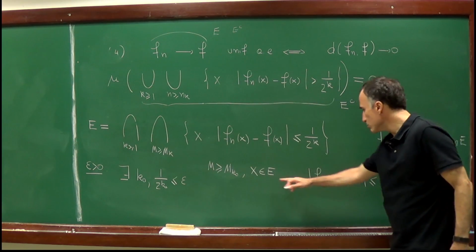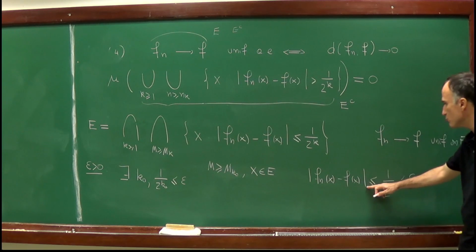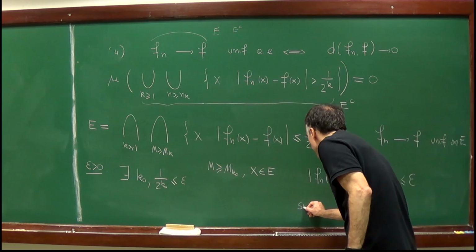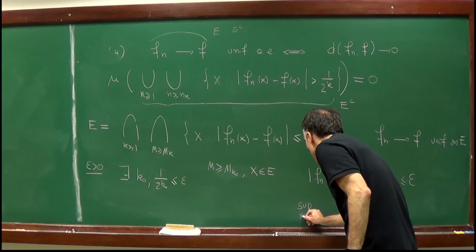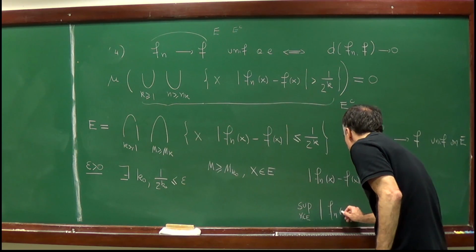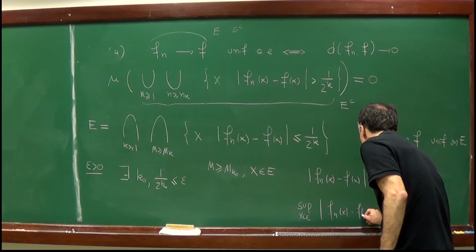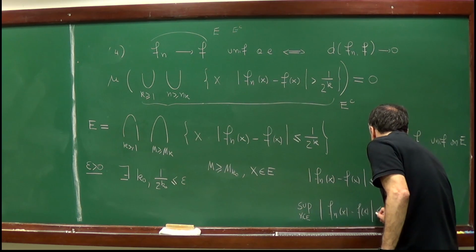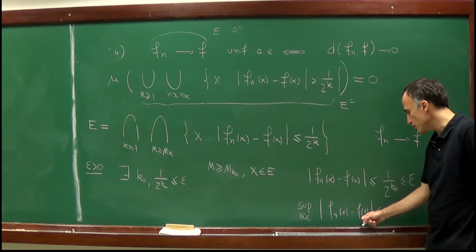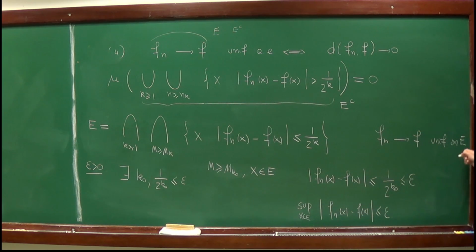So this is true for any x in E. This difference is bounded by epsilon. So the supremum over all x in E of this difference is bounded by epsilon, and this proves that fn is converging to f uniformly on the set E, which proves the converse claim.